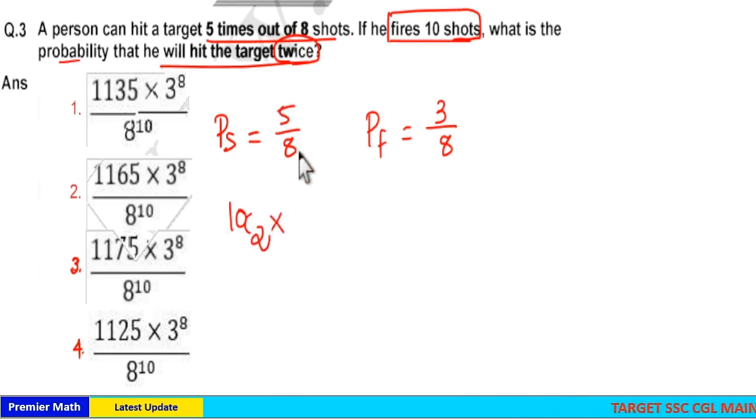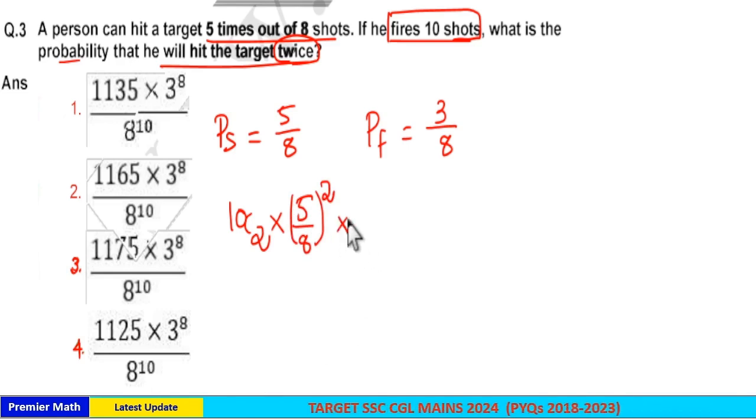Now, here probability of success is 5 by 8. So when you hit the target once, probability of success is 5 by 8. But when you hit the target twice, probability of success is 5 by 8 the whole square. And when you miss the target, probability of failure is 3 by 8.